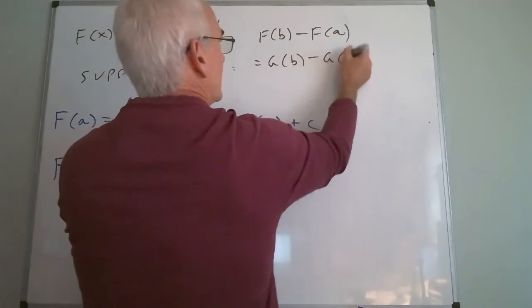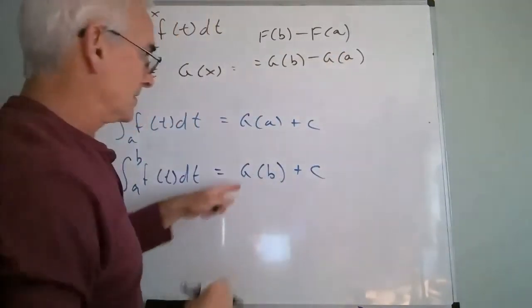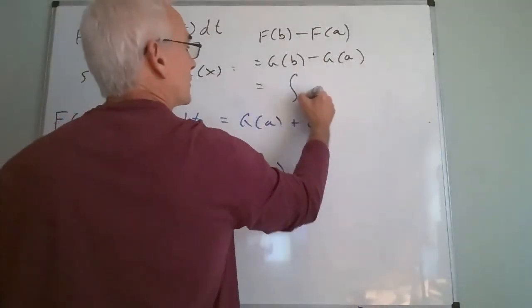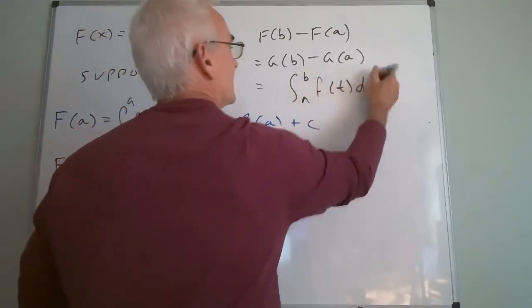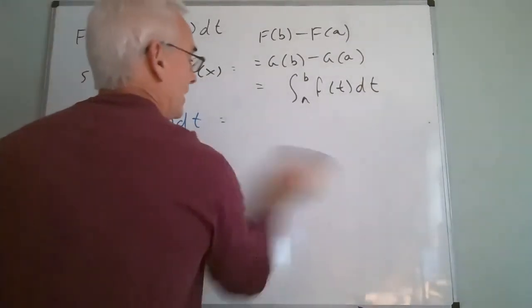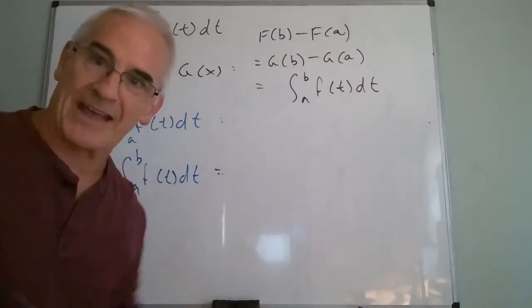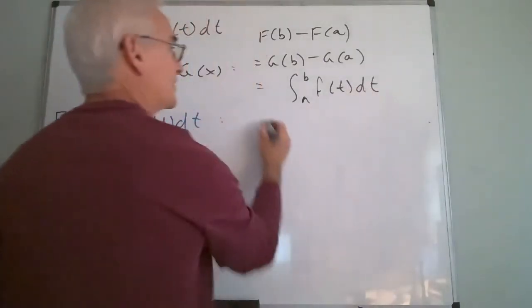So the fact that they differed by a constant didn't matter when I did this. And in each case, that's the integral from a to b of f of t dt. This is a scalar. And here's where a lot of the textbooks just sort of wave their hands and say, therefore, any letter of the alphabet I put here, it would still be true.